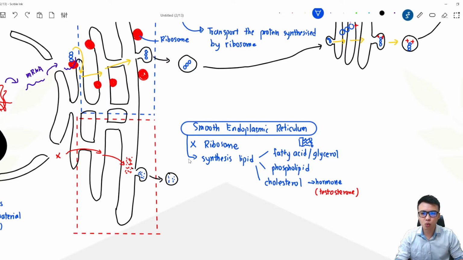Now, there's another very important function that can be done by the smooth endoplasmic reticulum, which is detoxification. Anything that you consume, for example drugs or alcohol, will be detoxified by the enzymes that can be found in the smooth endoplasmic reticulum.